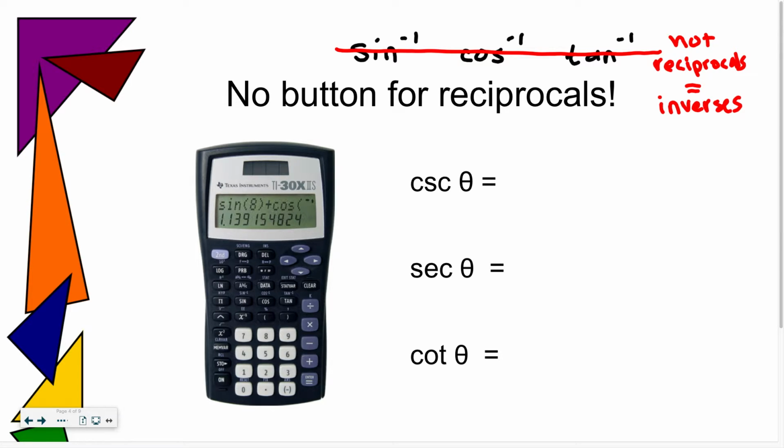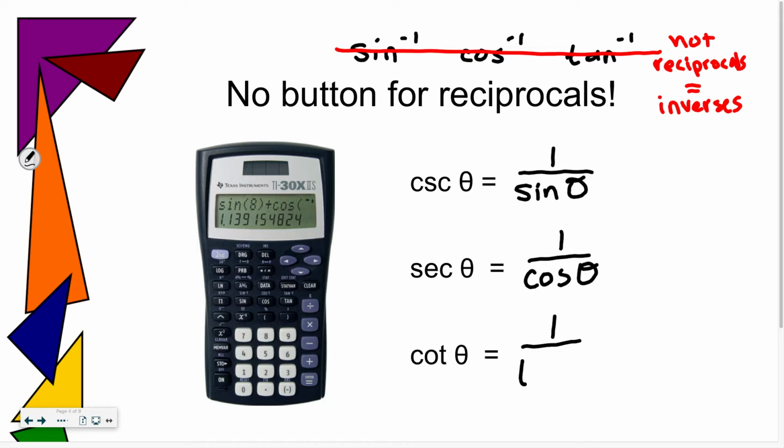So if you want to do a cosecant of theta, you do 1 divided by the sine of theta. So you're actually flipping sine theta in the calculator. It's like sine theta divided by 1, and then you flip it, 1 divided by sine theta. Secant would be 1 divided by cosine theta. And cotangent, you'll type in 1 divided by tangent theta.